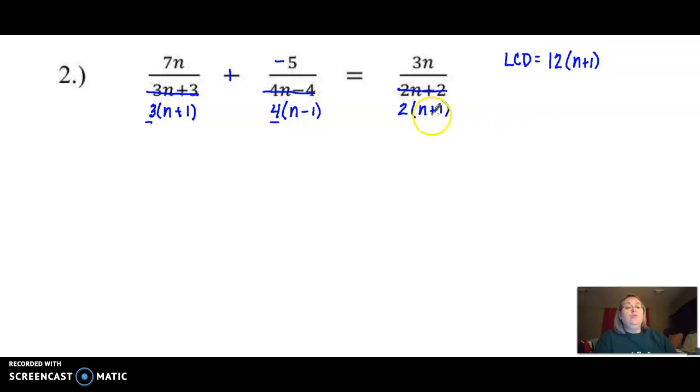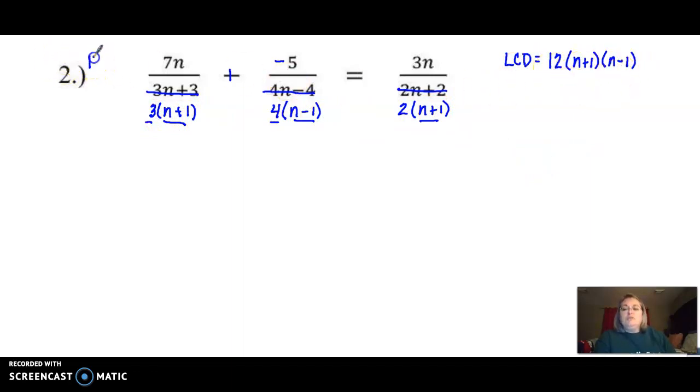And I only need one because remember, there's only one per fraction. If it was n plus 1 and another n plus 1 with this same fraction, I would need 2 of them. But I don't. I only need 1 for both of these. And then I need an n minus 1 for the one in the middle, so that everything that I've got is included in part of this.